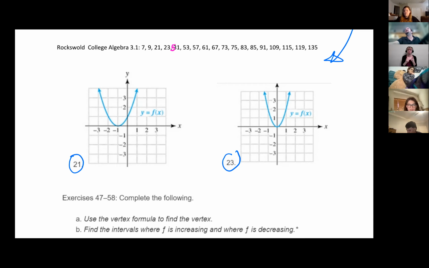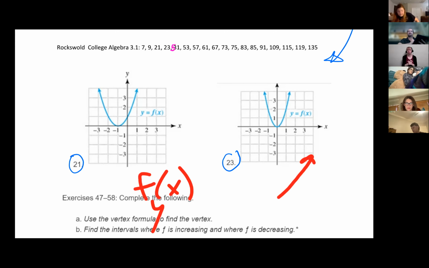Real quick, if f is increasing, what does that mean? What does that look like? Like it's getting bigger? If f is increasing, it means it's going up. So f increasing is your y, or your f of x, increasing.